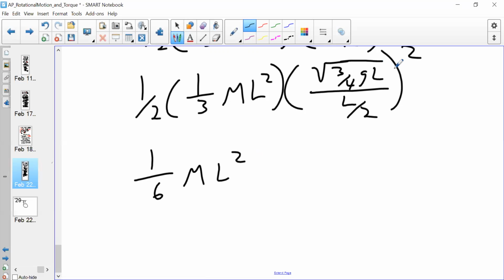It's funny, these so-called complex operations, square roots and add and subtract. It's just G over L, and then this becomes L squared over 4. Squared everything.